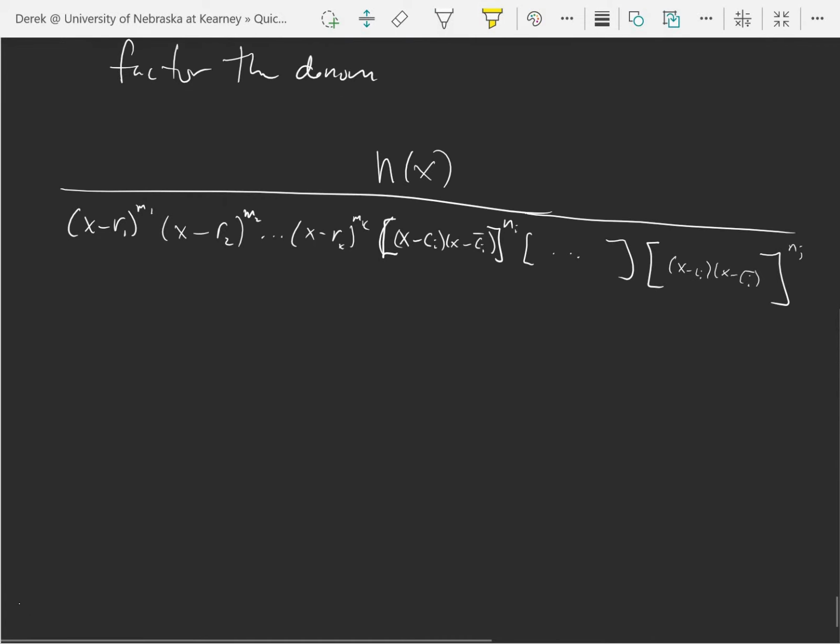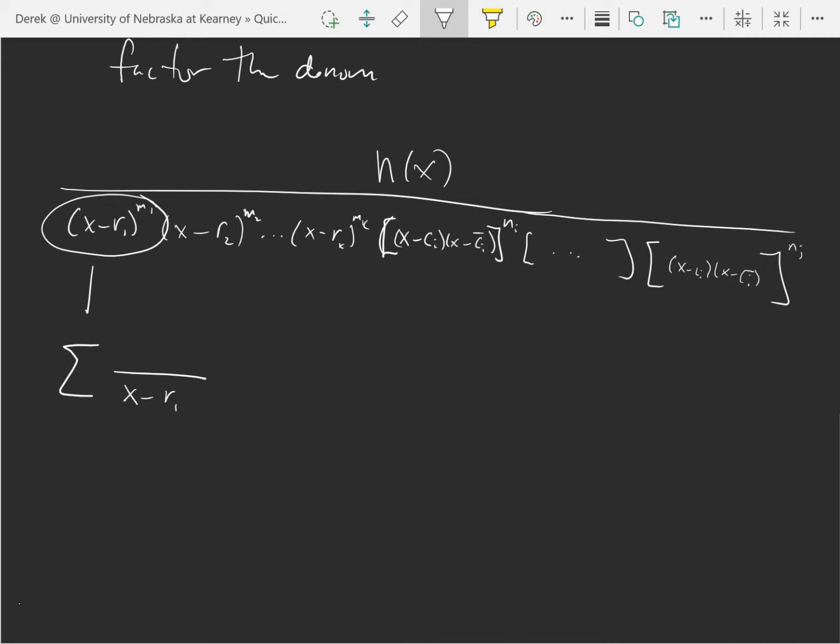Okay, what we can do then is, for each of these pieces, this piece is going to turn into the sum of x minus r1 to the k, and I'm just going to put an a sub k over it. This is going to be an unknown, and this is going to go from k equals 1 to m1.